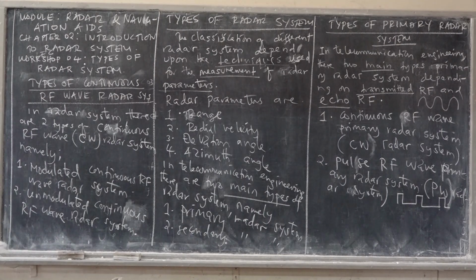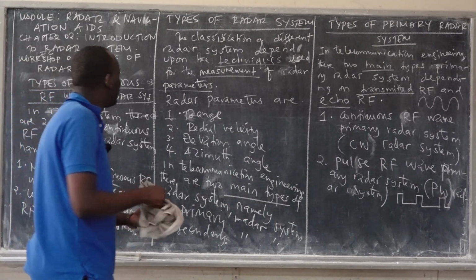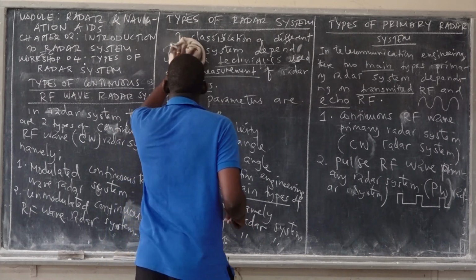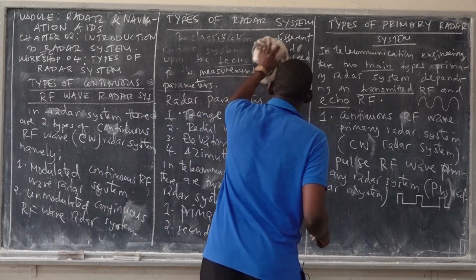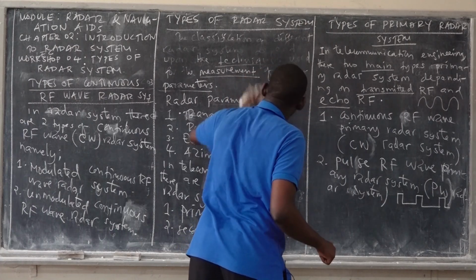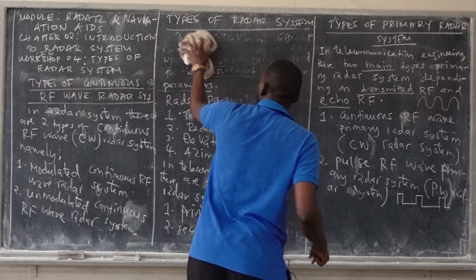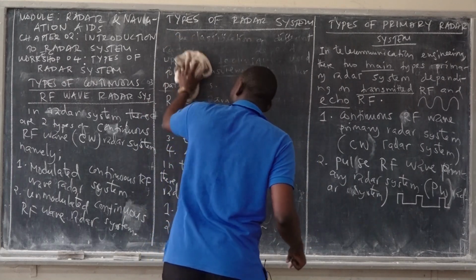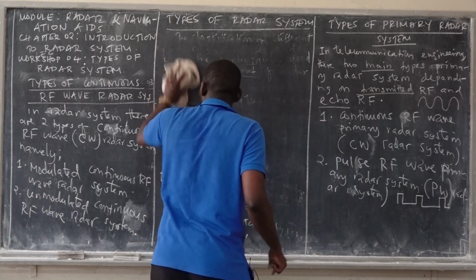So these are the two types of continuous radio frequency wave. Class A, modulated continuous radio frequency wave radar system.